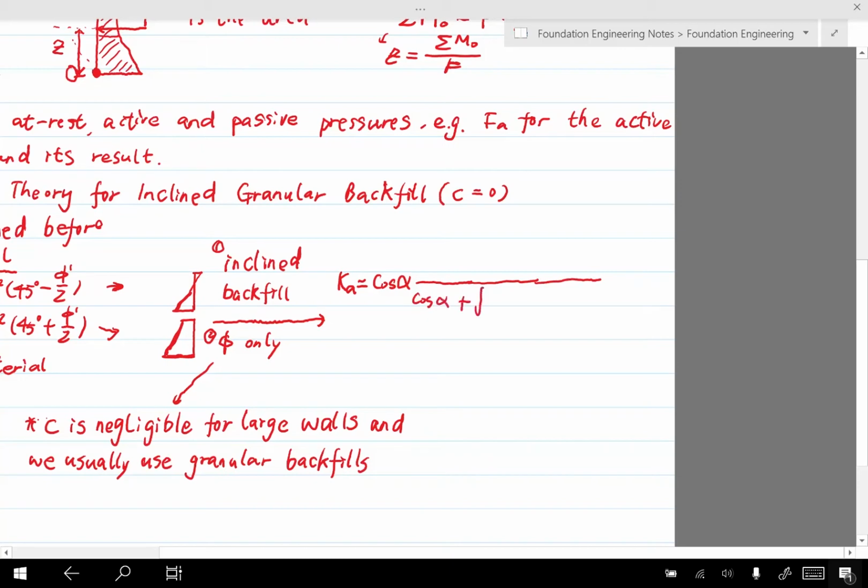So please be careful, especially be careful with the signs. The two equations for Ka and Kp look similar. And here we have a negative sign between cosine alpha square and cosine phi prime square. Don't forget the square either. Numerator similar, but here we have a negative sign instead of a positive sign.